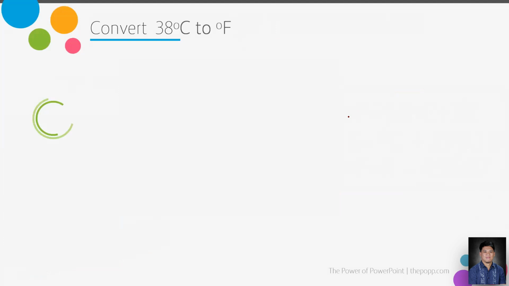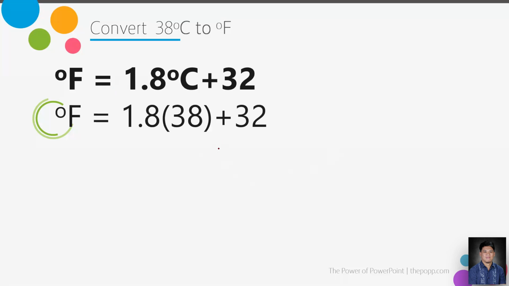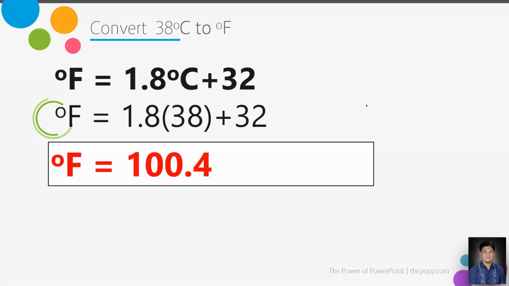Okay? So si first equation, which is degree Fahrenheit is equal to 1.8 times degree Celsius plus 32. So substitute lang natin ang value ng ating Celsius, 38. So 1.8 times 38 plus 32 is equal to 100.4. So that is the conversion of 38 degrees Celsius into Fahrenheit.